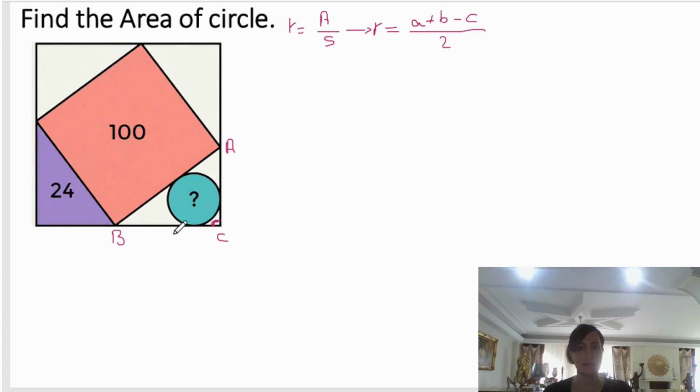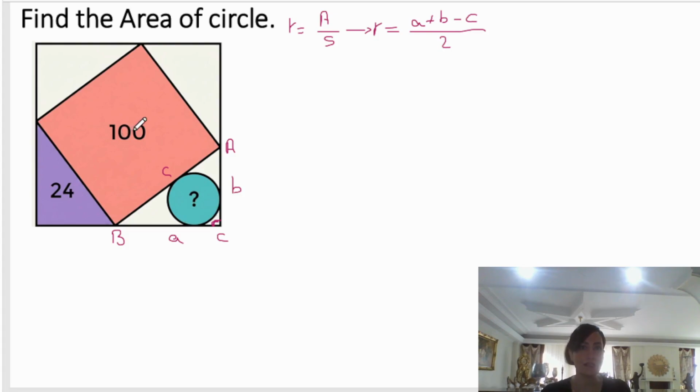We see this length is A, this length is B, and this length is C. So the radius is A plus B minus C divided by 2. I am going to find the value of R, the radius of this circle, and then I can find the area of this circle.